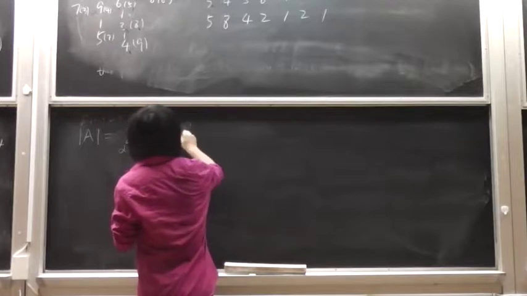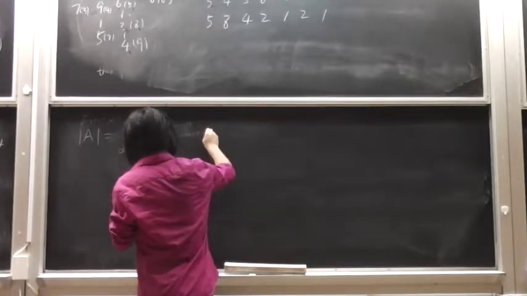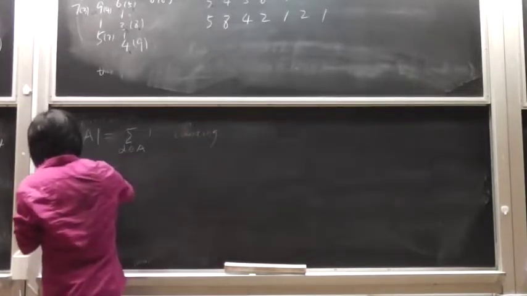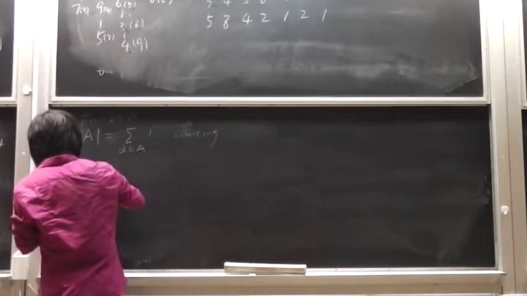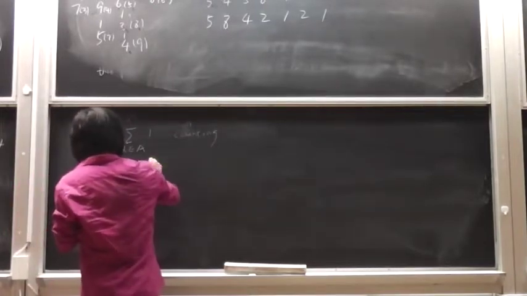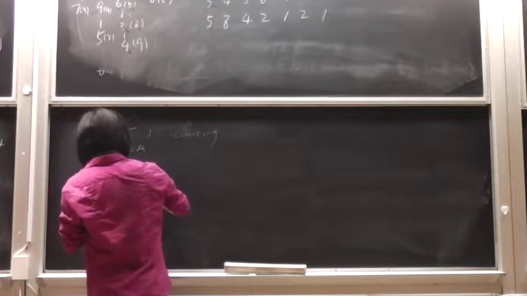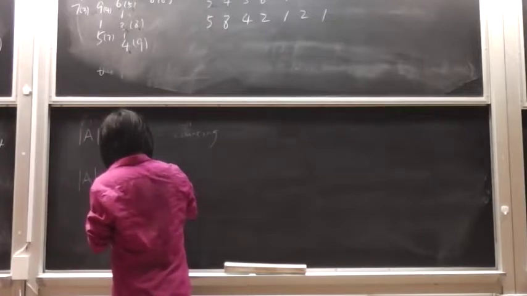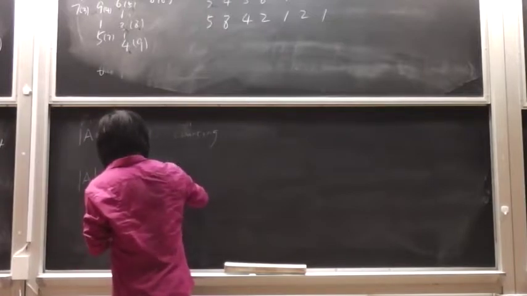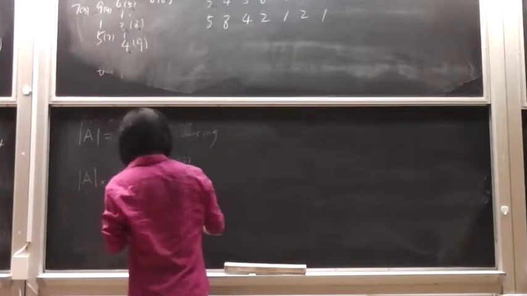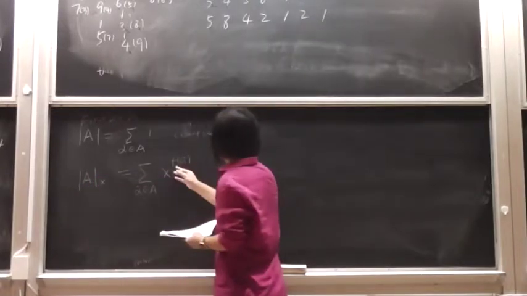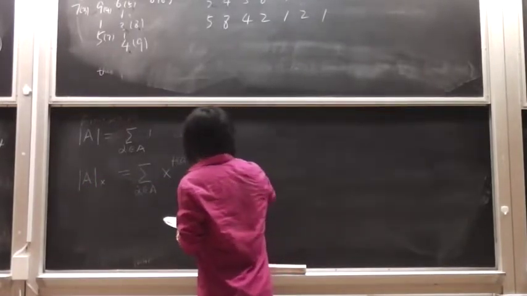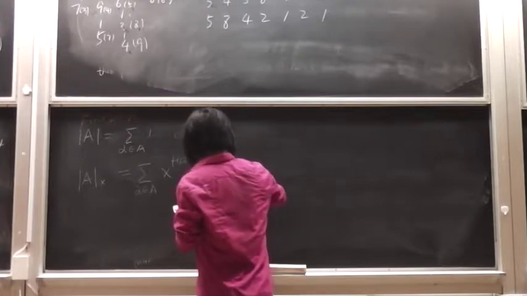So this is counting. And we can also weight the counting. Here, F is the statistic we care about.